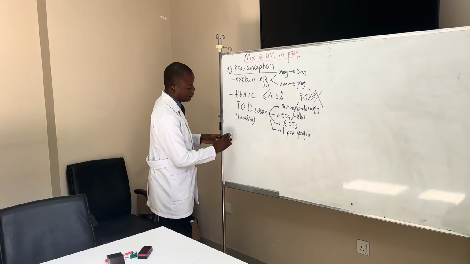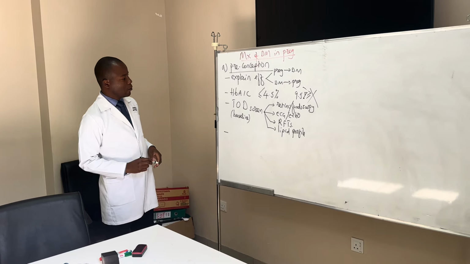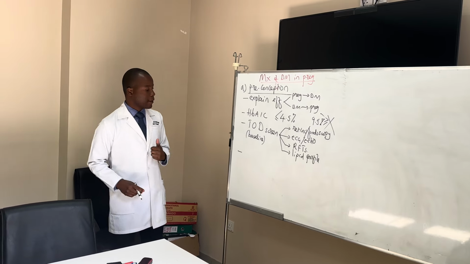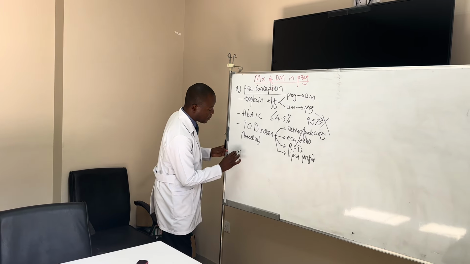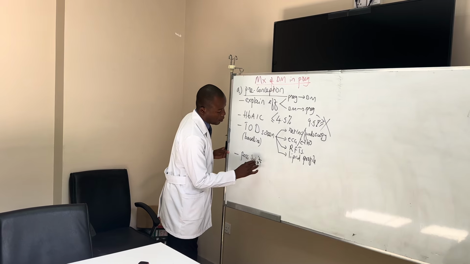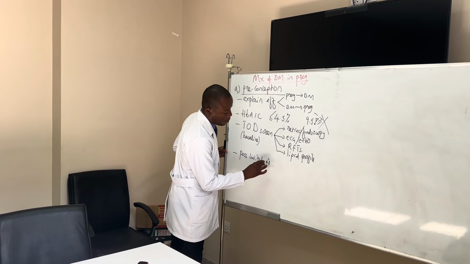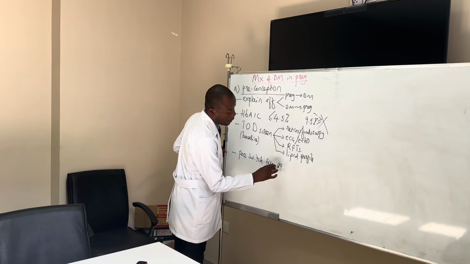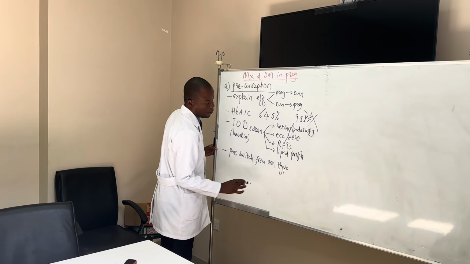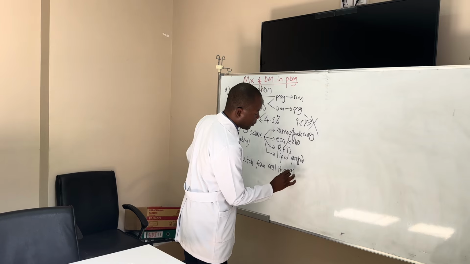Next, you are going to give advice on the medication. The first advice you're going to give is that there will be a possible and likely switch from oral hypoglycemics. Which are the oral hypoglycemics?